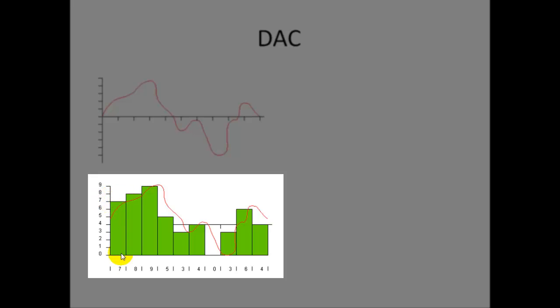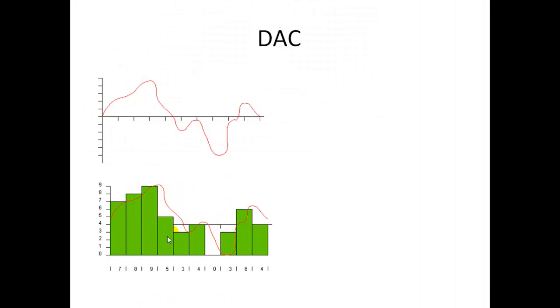For example, this is 7. This one is 8. This one is 9. This one is averaged at 5, and so on. So this is an approximation to the analog signal, and it's written as a lot of values up to a value of 9 here.